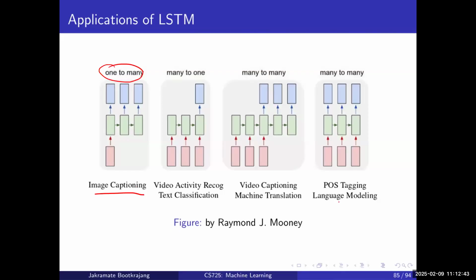If you want to do part-of-speech tagging, basically you have many to many. The tagging is basically you tag each word to be subject, verb, object, adjective, and so on. So you can have multiple ways to combine LSTMs, and all of this will be used for text. Image captioning, right? You have an image, and you want to generate a caption for the image.